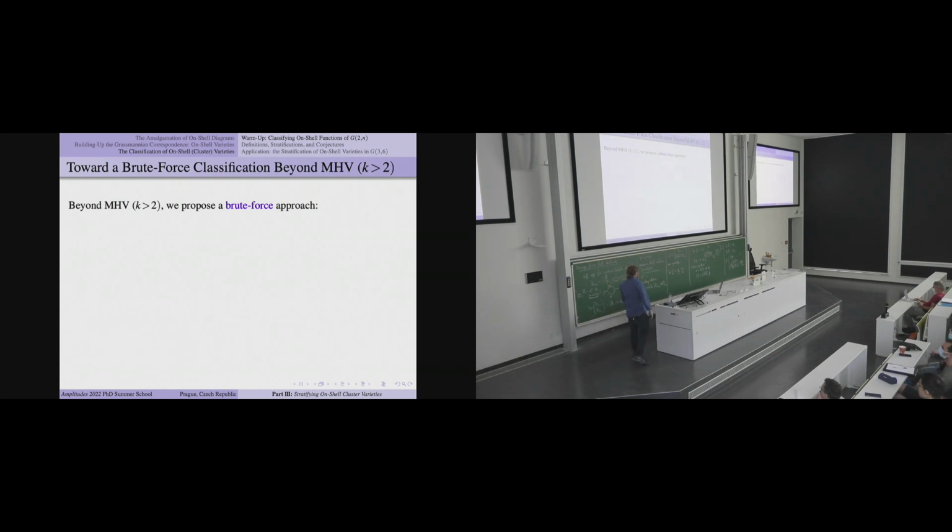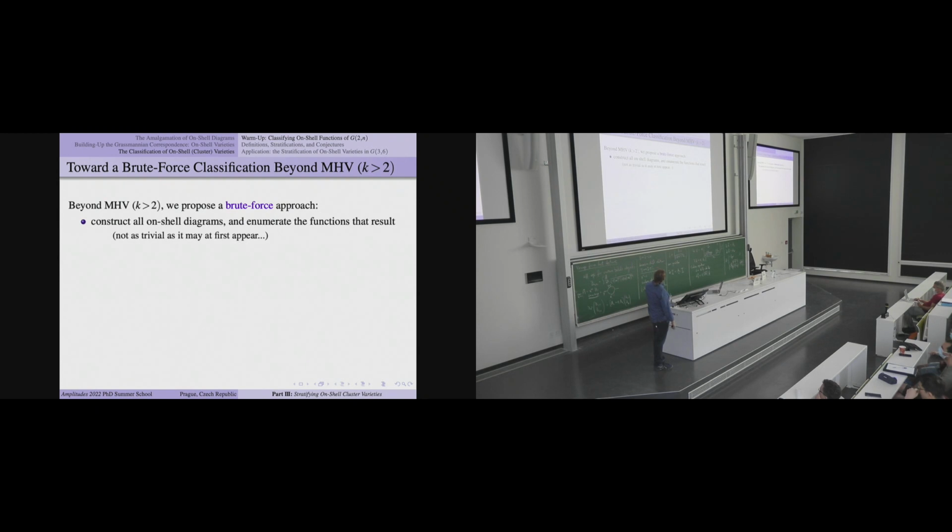Roughly speaking, the first idea is that beyond k equals 2, it's relatively straightforward to construct all reduced graphs. So all possible on-shell diagrams, you can just throw them into the computer. Just compute them all, and ask how many different geometries show up. That's roughly speaking the idea.